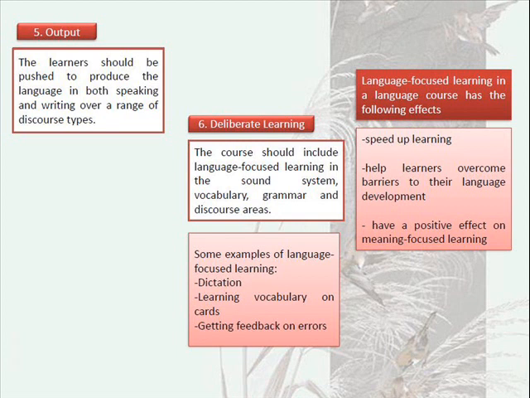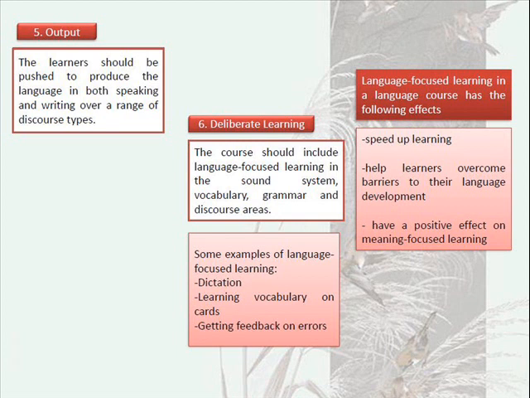And the next we have deliberate learning. The course should include language-focused learning in the sound system, vocabulary, grammar, and also discourse areas. And here is language-focused learning in a language course, which has the following effects. 1. Speed up learning. 2.